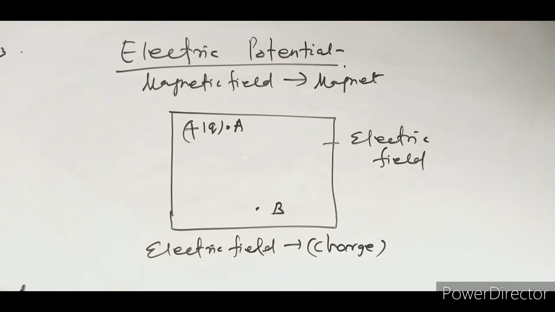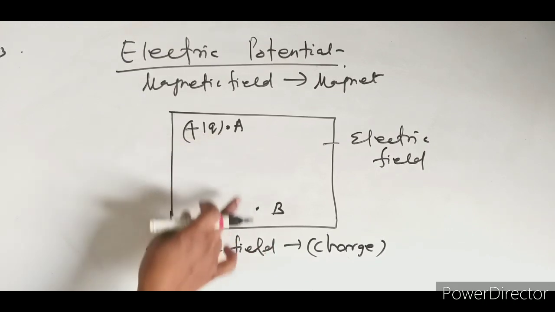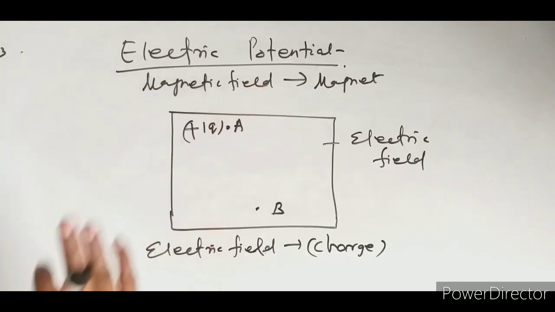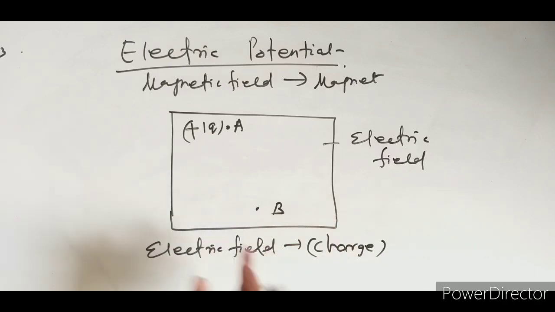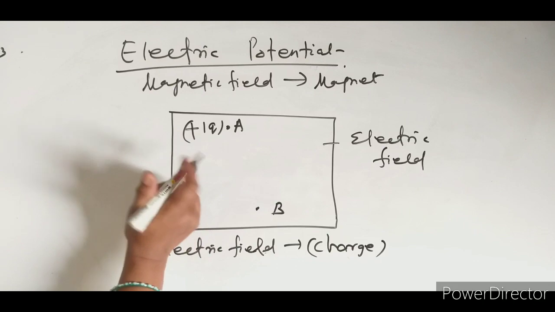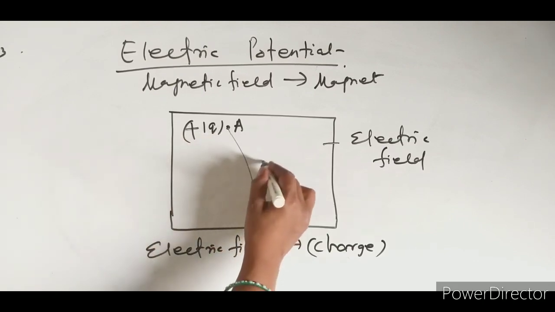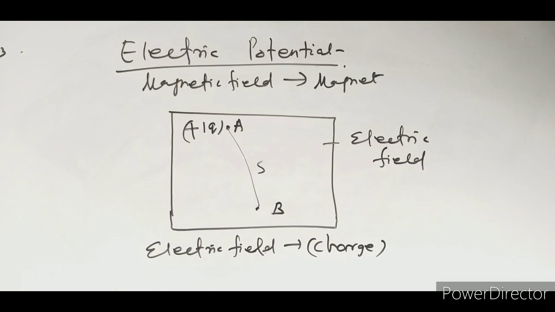So some force has to be applied on this charge, whether it is pushed or attracted, some force has to be applied so that it will come from A to B. What is the distance it has moved? Let it be the distance it moves.